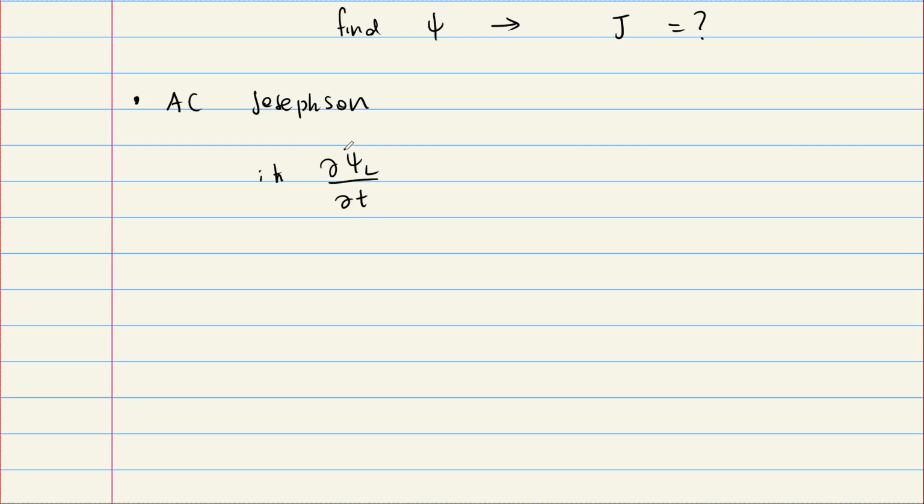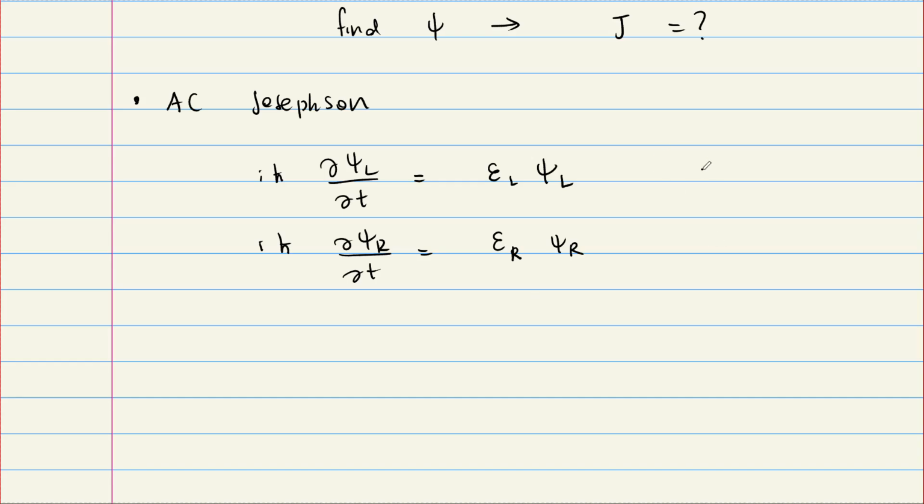So this is the change in the Ginzburg-Landau order parameter with time, and it is going to have some E left psi left, and i h bar del psi right del t is equal to E right psi right.